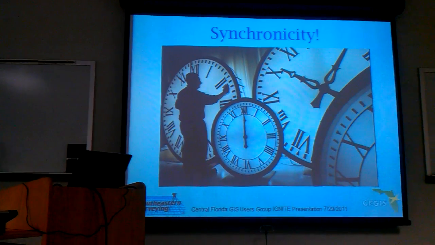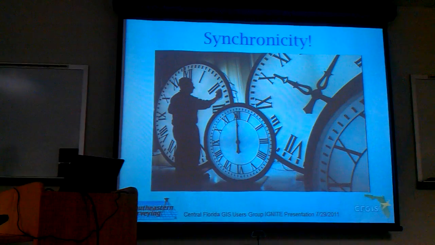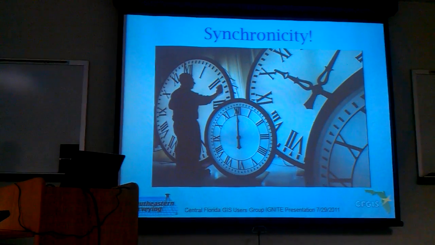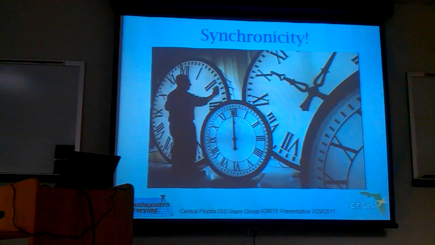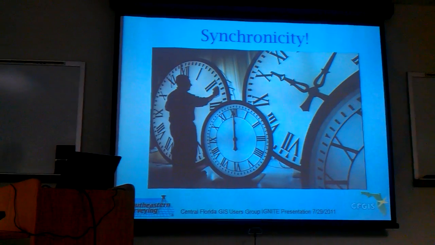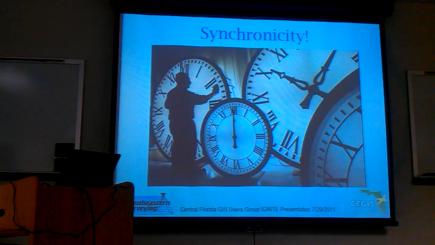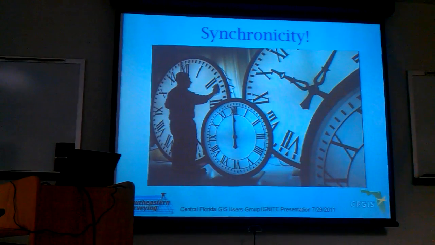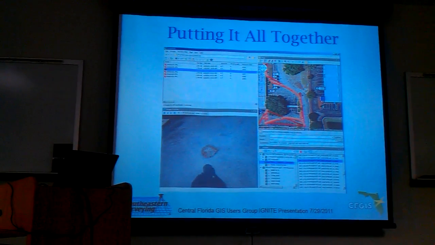But not all clocks are created equal. So the real trick is matching the GPS clock, which may well be on Greenwich Mean Time, to the camera clock, which is, we could all set our watches here and compare, and they'd all be different. Right? So there's software out there, and most of it's freely available.